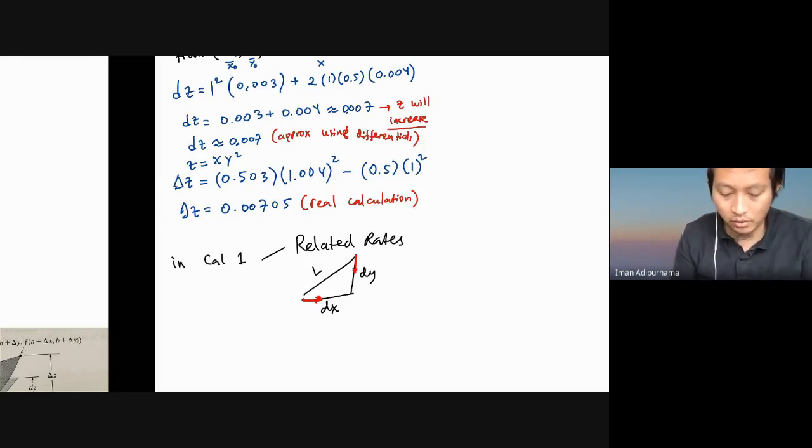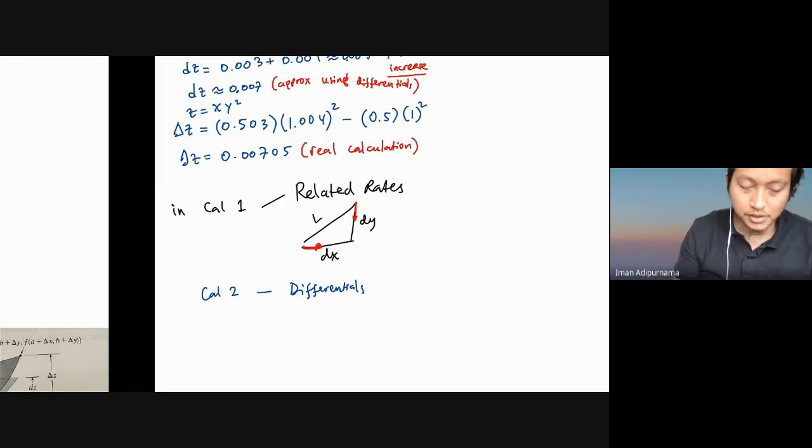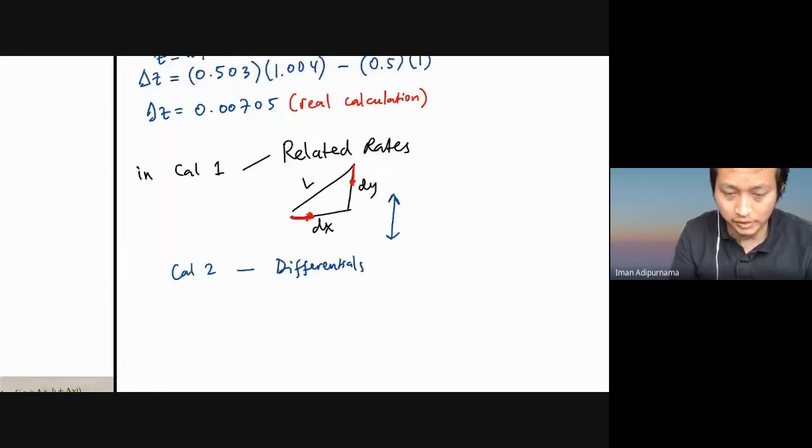We need to connect all the rates that are in the information, right? And actually, what we are doing now in calculus 2, the differentials, is precisely similar to what we are doing in related rates. So we need to connect all the differentials, okay? All the rates actually. So it's quite similar to related rates. The difference is we are using the tangent plane linear approximations.